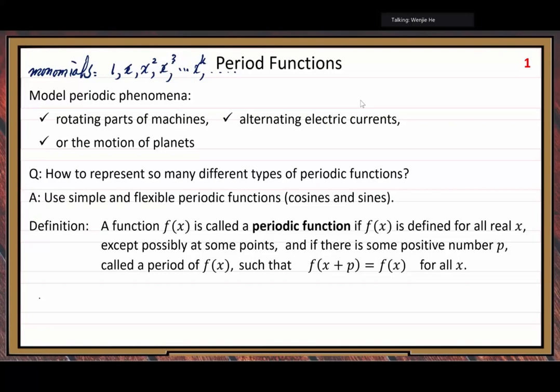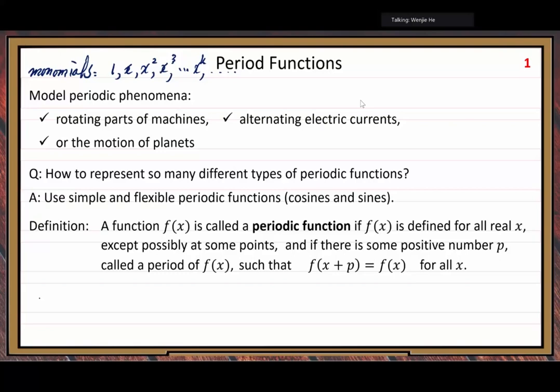When you shift a point by p units, the function value does not change. And this property holds for all x, not just for some of the x, but for all x on the real axis. That's the definition of the periodic function.